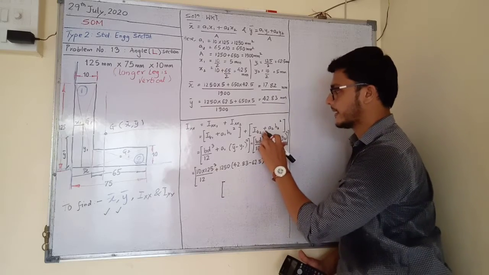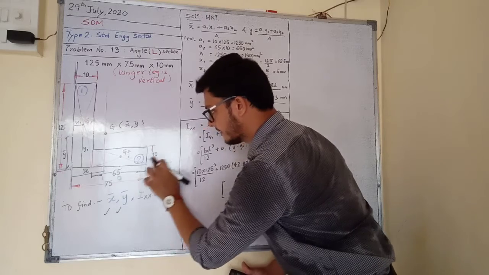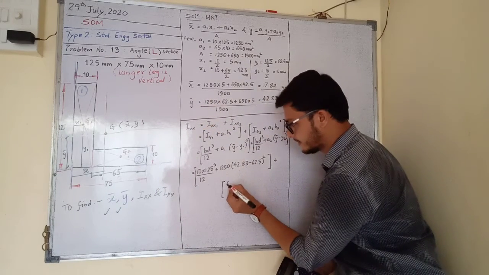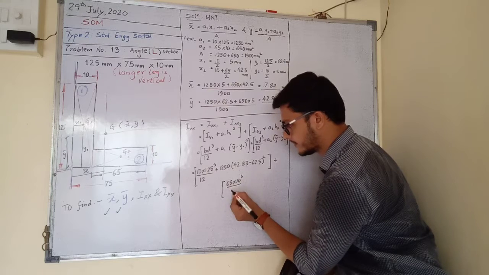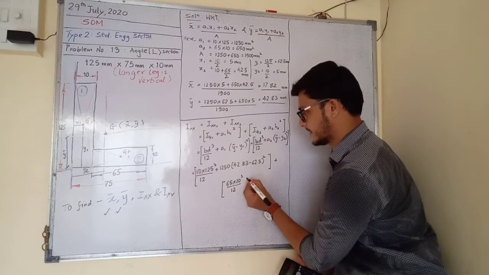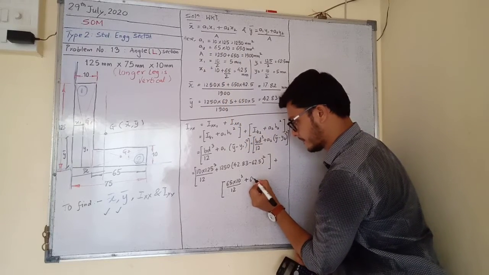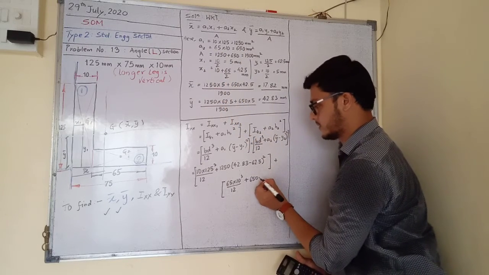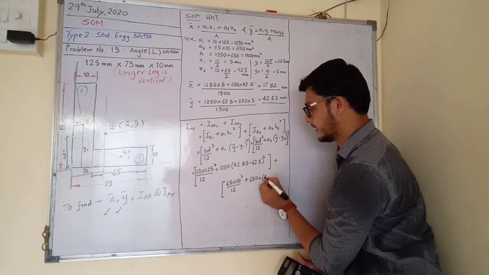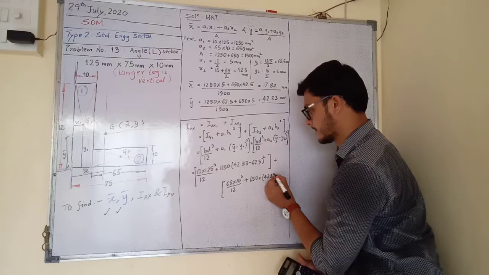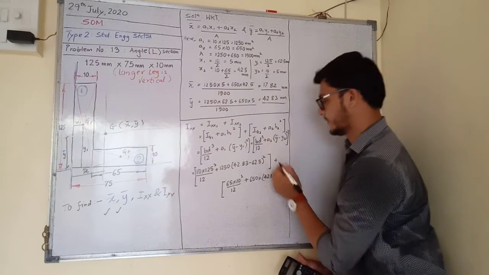here. For second rectangle, B is 65, D is 10. So 65 into 10 cube divided by 12 plus A2, 650, into Y bar 42.83 minus Y2, which is 5.